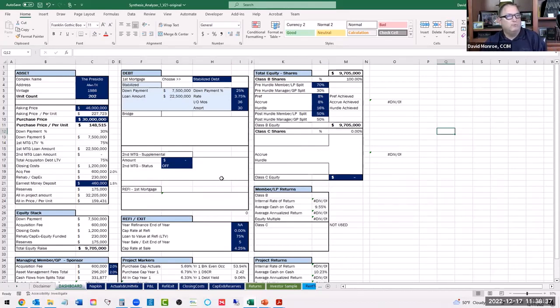Let me know if it does the same thing, because the original model may be broken, but I've seen it before. We've had internal rate of return working before, so I know it was working. So I've done something to this and broke it, and I don't know what it is. That's the problem when utilizing these models: you can break things because nothing's locked. So you've got to be careful. You've got to know what you're looking at.